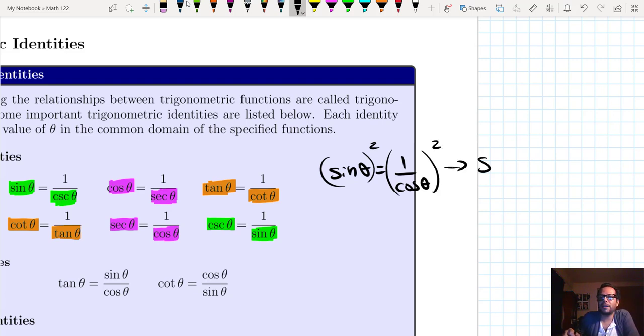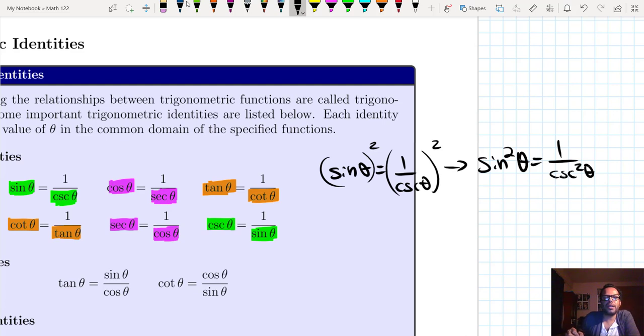So that'll be sine squared theta equals 1 over cosecant squared theta, right?